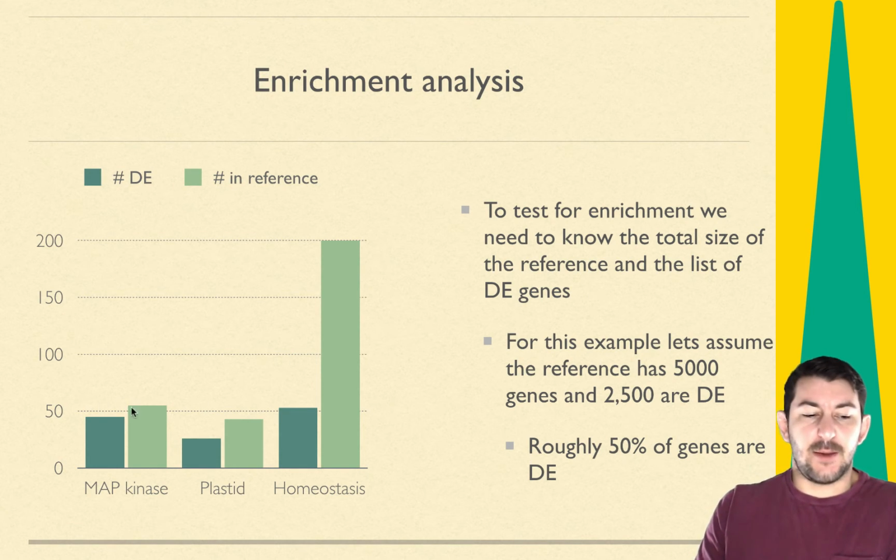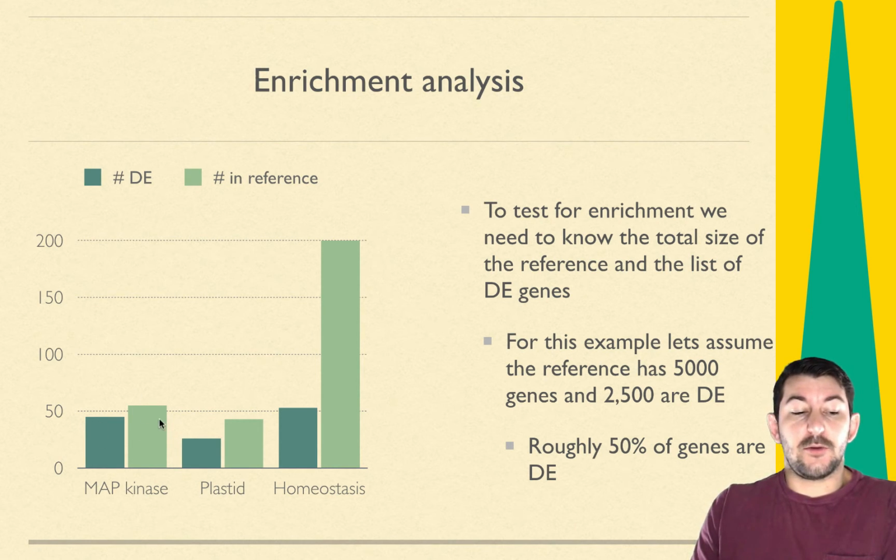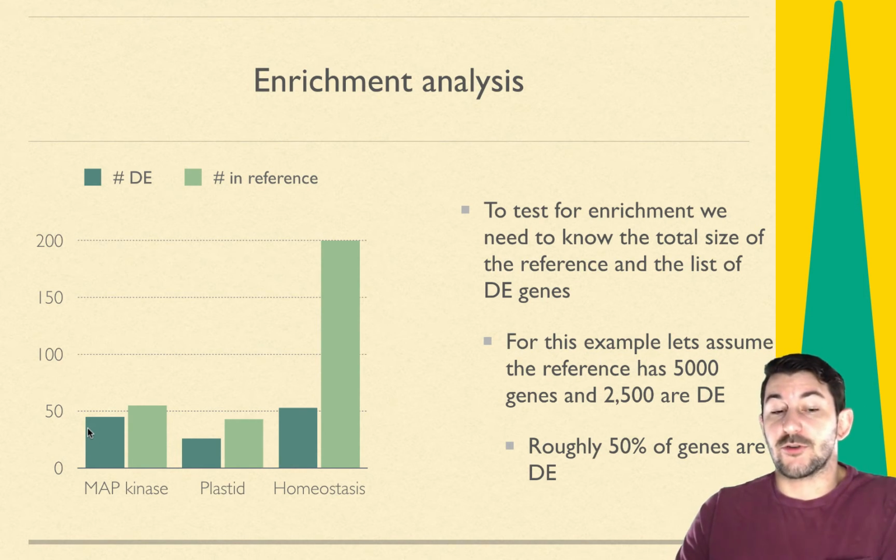And so here's an example where we can see the total within the genome and then the total within that half of the genome list that was significantly differentially expressed between our treatment groups.